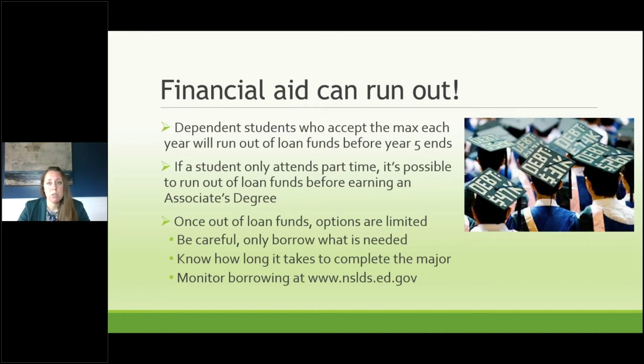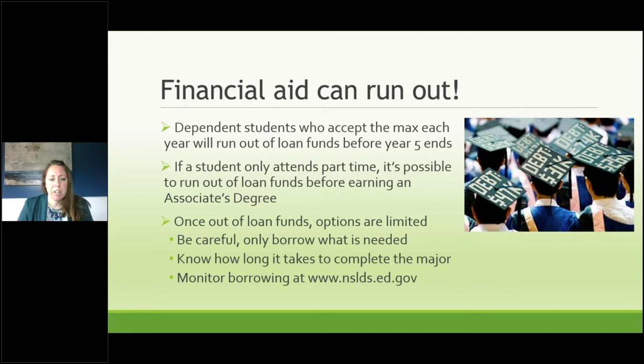So it's really important to keep an eye on how much a student is borrowing, but also to make sure that they're exploring other options that are out there. There are lots of scholarships and different types of aid, perhaps working while in college. All of these things will help keep the student's debt down.